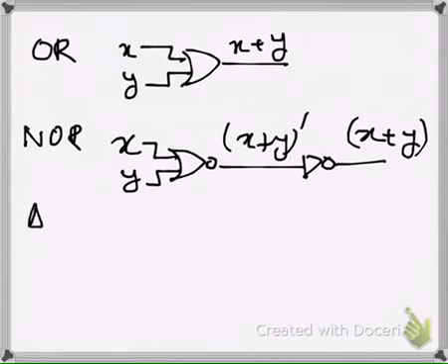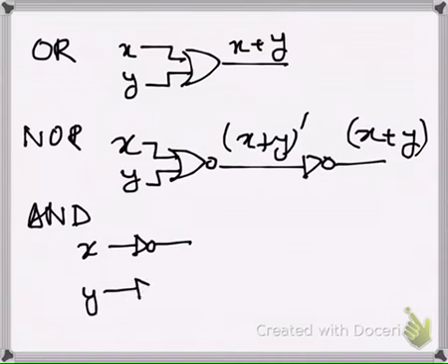Similarly for AND, I have X complemented, Y complemented, and then pass it through a NOR gate.